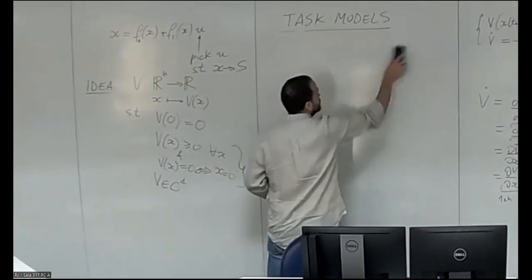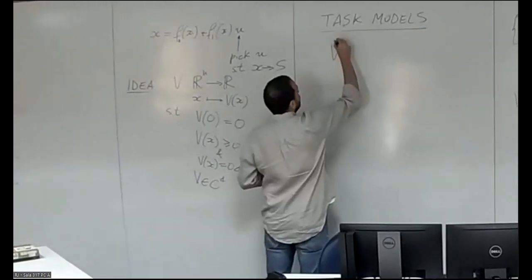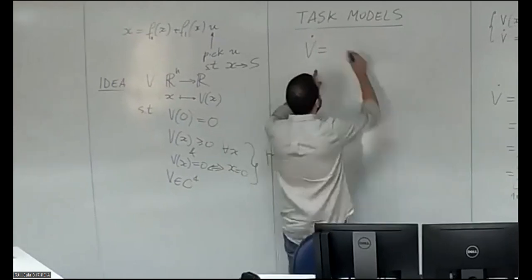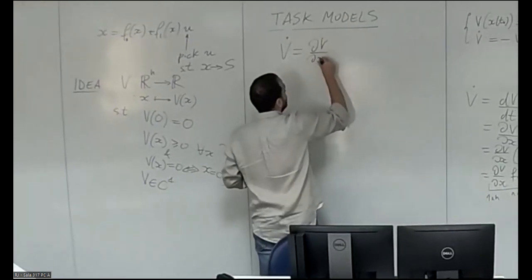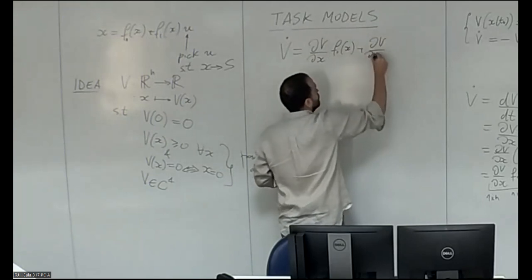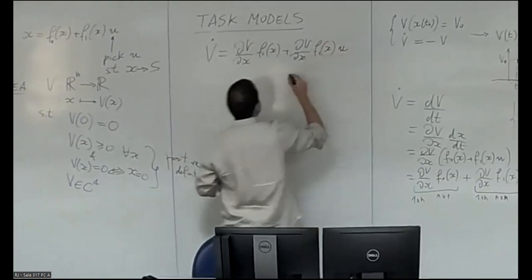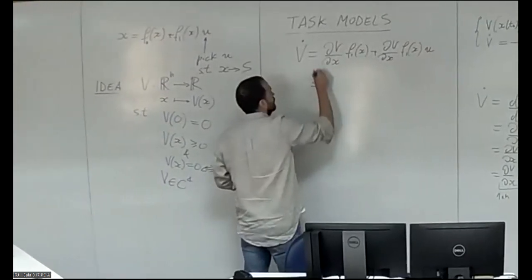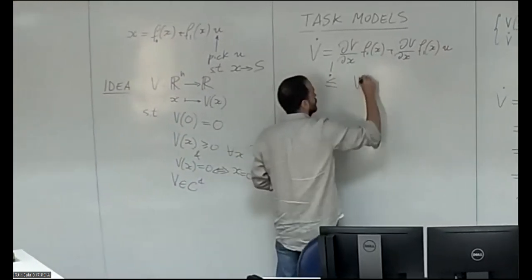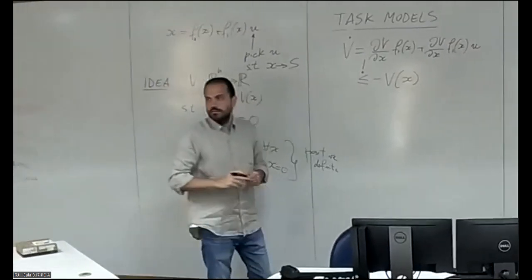We just need one more step because we want V dot, which now is equal to this, to be less than or equal to minus V of x.